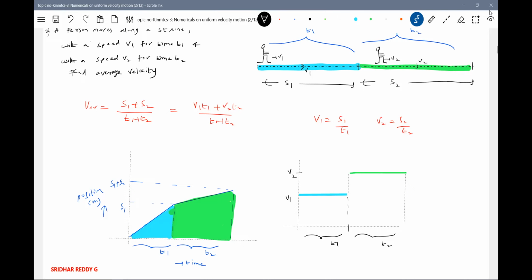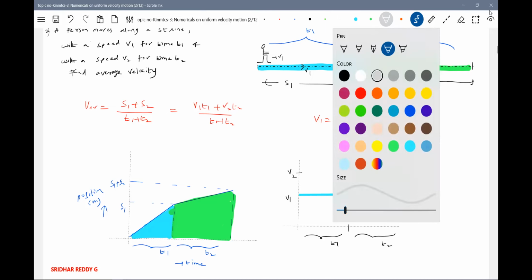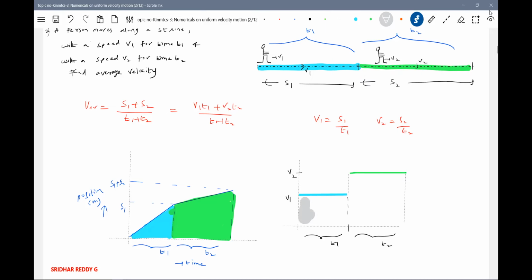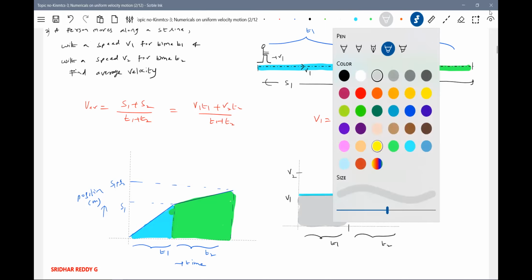How to calculate S1? This will be the S1. I think I'll shade it. Provided you are very good in plotting graphs, you can take help of this also. This is S1. So then what is S2?